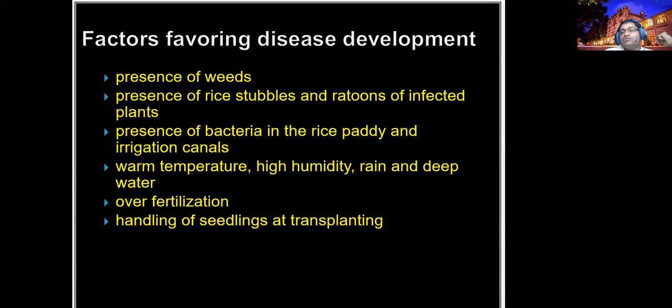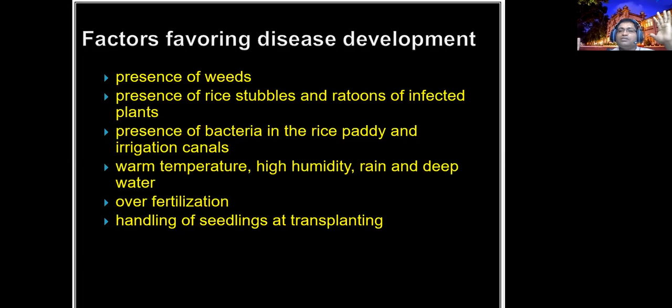Commonly, when you are thinking of a disease, the conditions, except for viral diseases, are warm, humid conditions that favor bacterial, fungal and nematode diseases. Viral diseases need dry seasons.